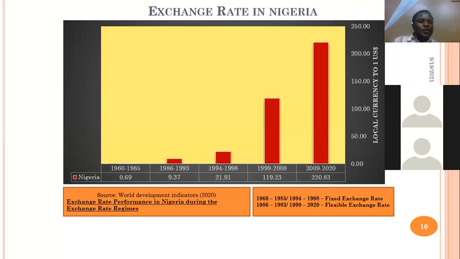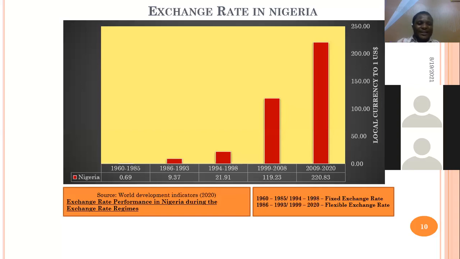This also gives you a chart of our exchange rate between 1960 and 2020. Remember, we are looking at case 2. So look at 1960 to 1985, when it was fixed, it was 0.69 naira to $1. You see, the naira had power against the dollar at that time.